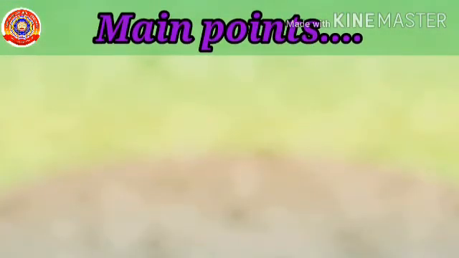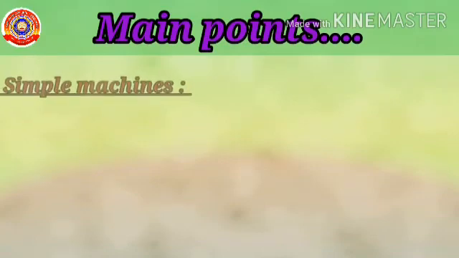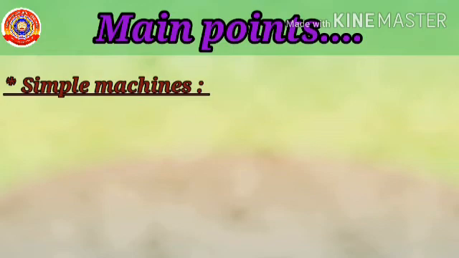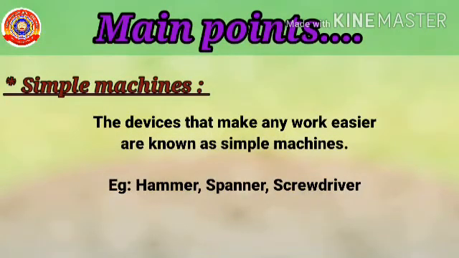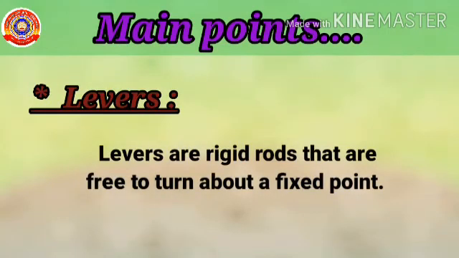Now, let's recall the main points that we have learned today. First point, simple machines. The devices that make any work easier are known as simple machines. Example, hammer, spanner, screwdriver, etc. Second point, levers. Levers are rigid rods that are free to turn about a fixed point.